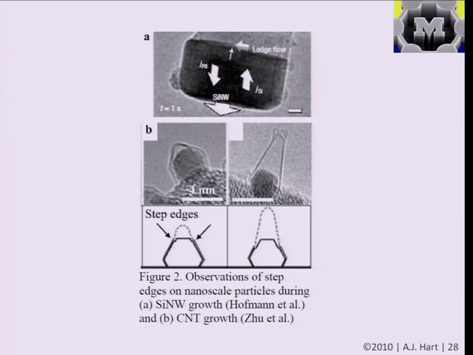So for example, here is a picture from an in situ TEM study of a silicon nanowire growing from a catalyst particle which is made out of palladium.